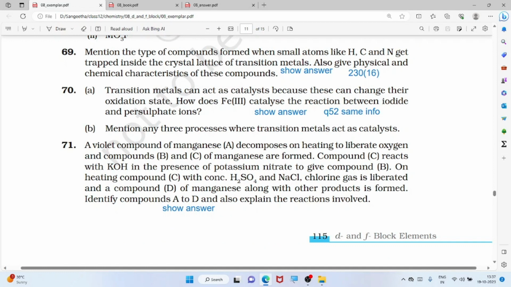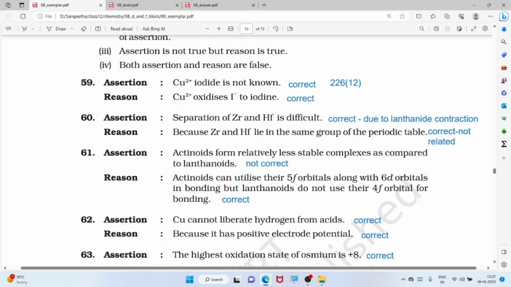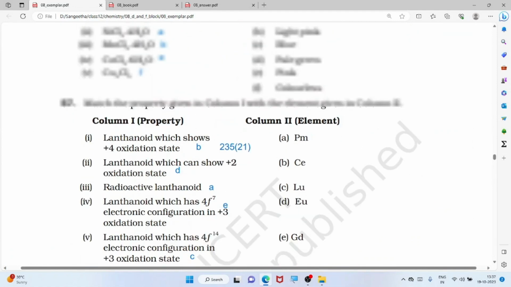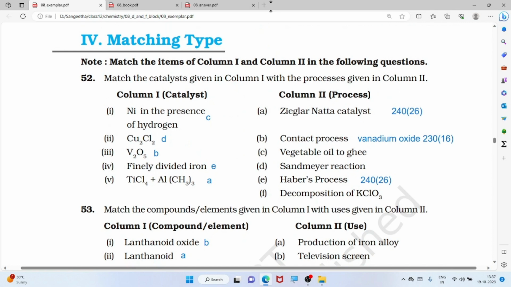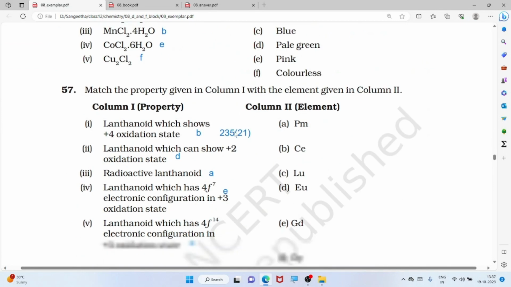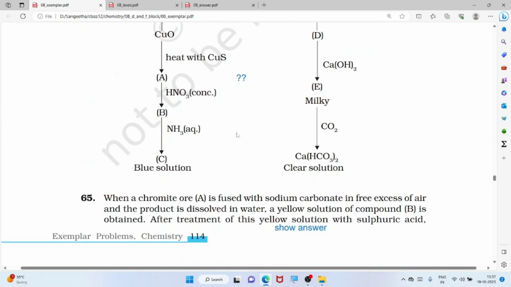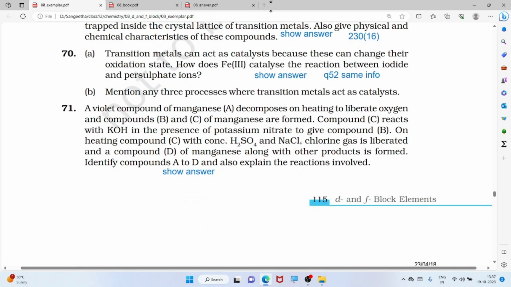These processes are already given in question number 52. Question number 52. See, this process is already given here, so you can go through it. 71.